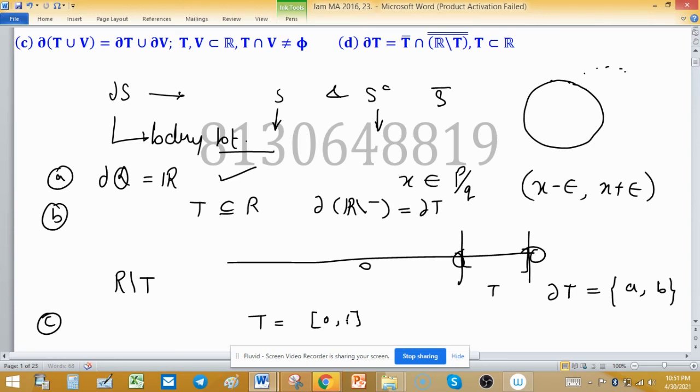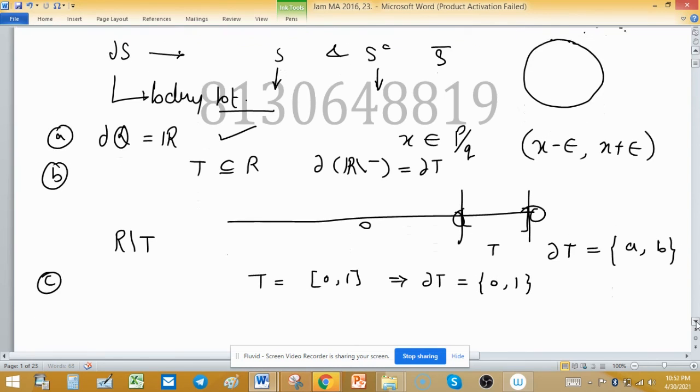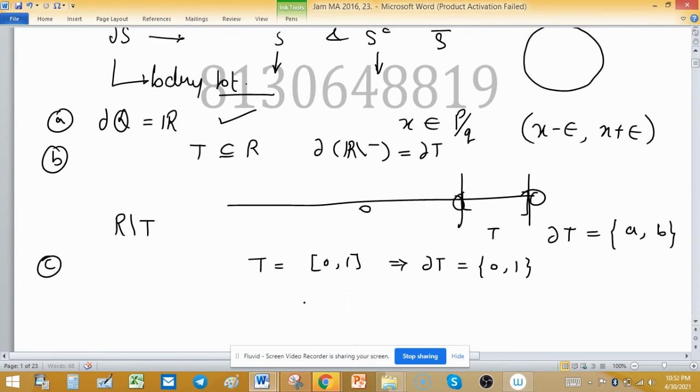So we consider intervals. So boundary points of this interval, ∂T, is only 2 points 0 and 1, and V is half comma 2, it is also an interval, and boundary points of this are also these 2 points half and 2.